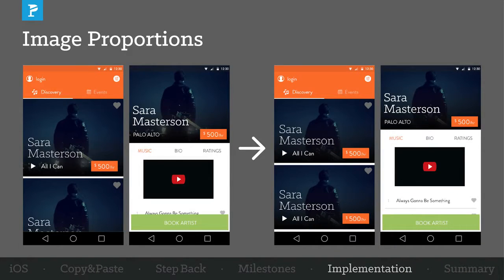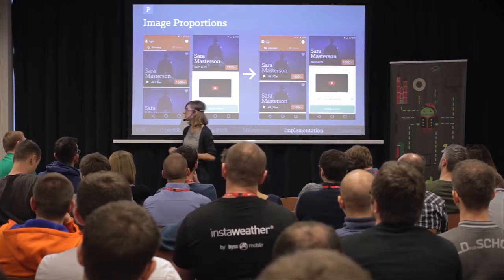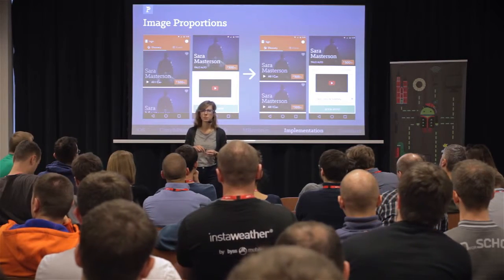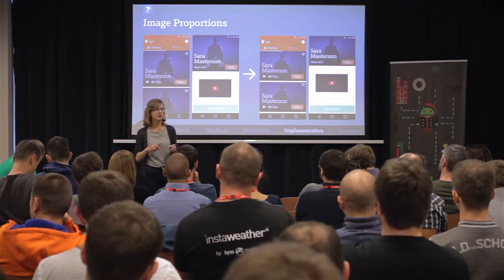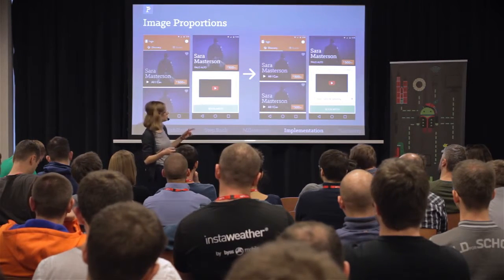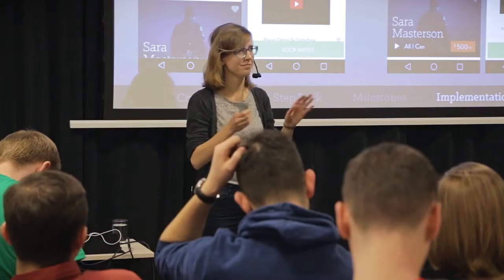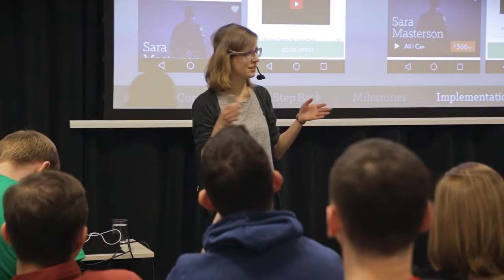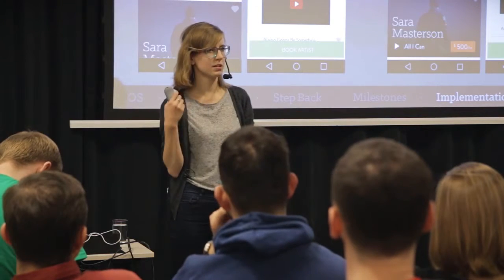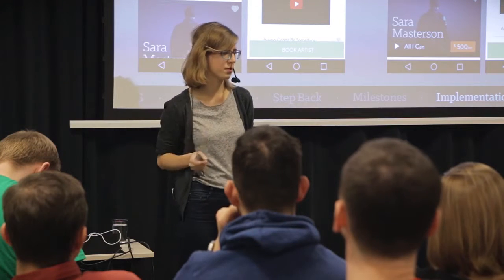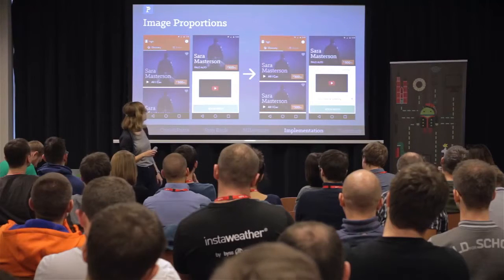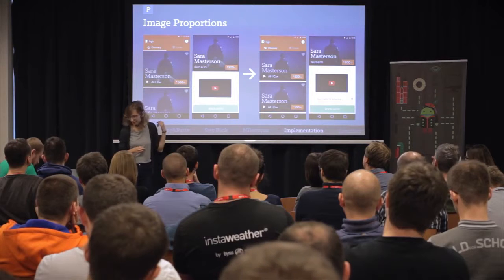Another thing was image proportion, because the whole backend and the storing of images was prepared for iOS devices, and Android devices are usually a little bit wider than iOS. So when we were using existing images from the backend, we got these results.